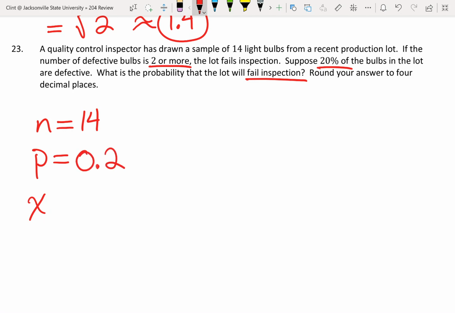And then this one's a little bit trickier than the last one because it says if the defective bulbs are 2 or more, the lot fails inspection. So we're looking for the probability X is greater than or equal to 2.